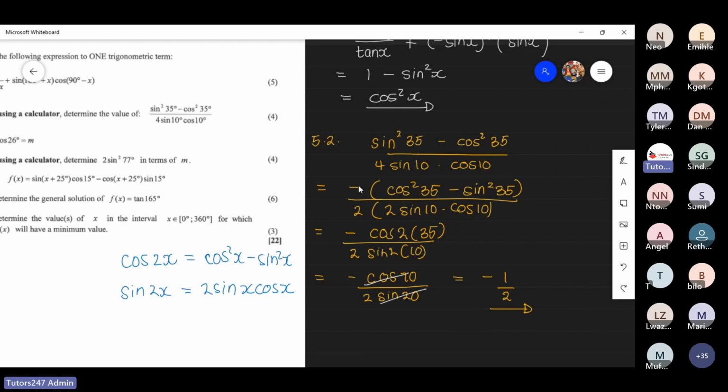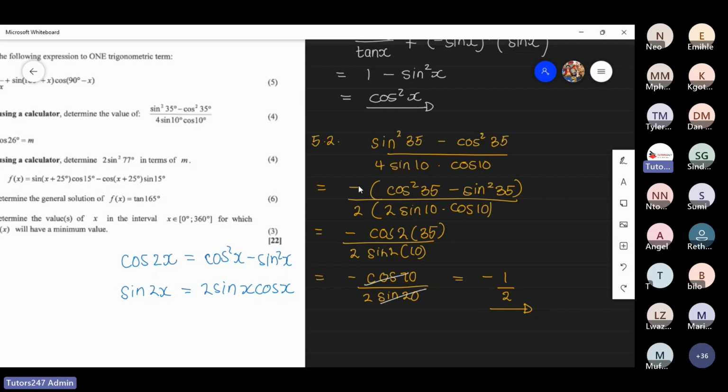Now, from that point, you can go to the back of your question paper and look at your formula sheet. You'll see that cos 2 of theta, or cos 2 of x, whatever you want to assign as your angle, cos 2 of that angle is equal to 3 things. One of those items is cos squared of theta minus sine squared of theta.